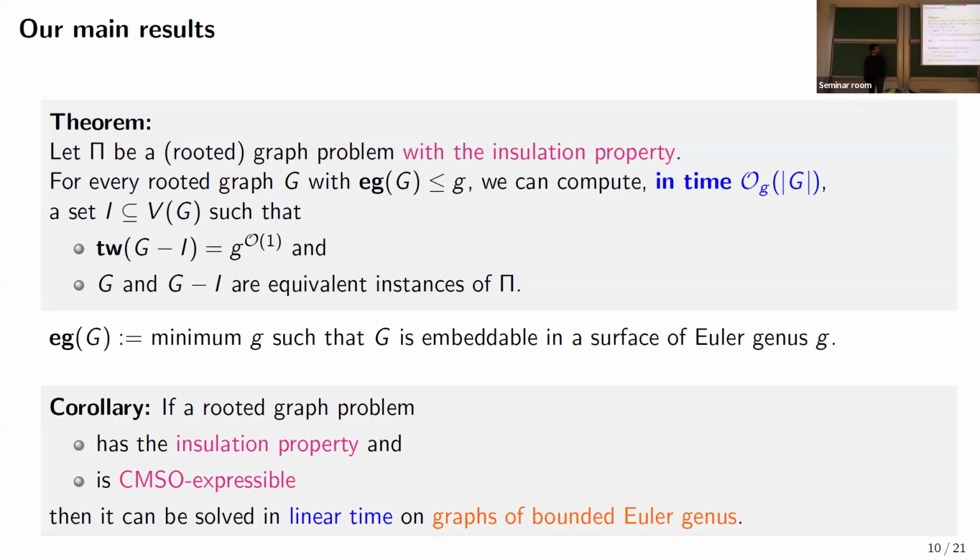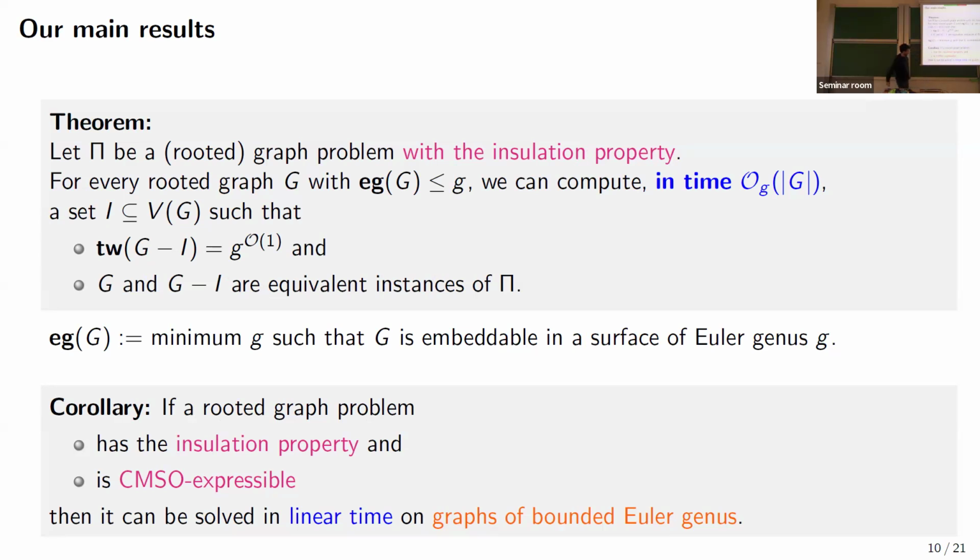In fact, the algorithmic corollary that we have from this is that if you give me a rooted graph problem that has the insulation property and is expressible in CMSO, then you can solve it in linear time on bounded Euler genus graphs. The insulation property gives you this simplification to small treewidth, and because it is expressible in CMSO, you use Courcelle's theorem, and then you just solve the problem.